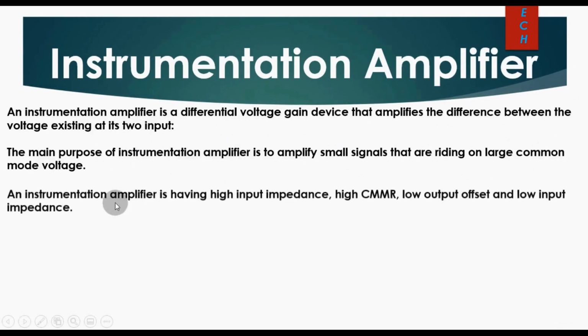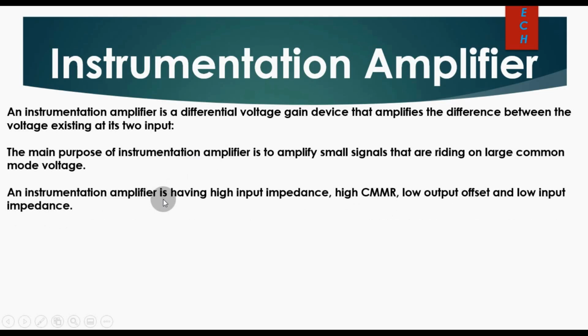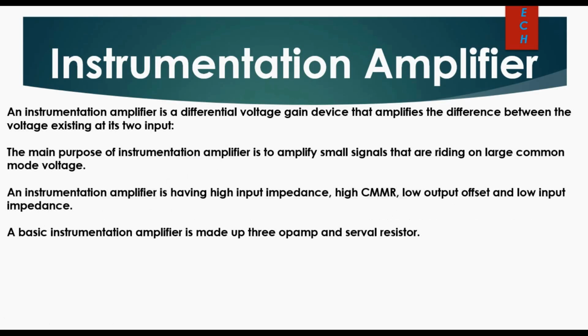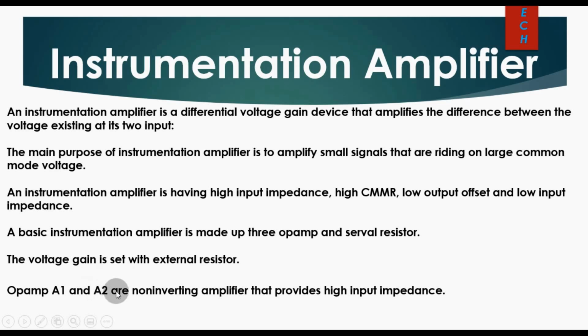An instrumentation amplifier has high input impedance, high CMRR, and low output offset. A basic instrumentation amplifier is made of three op-amps and several resistors. The voltage gain is set with the external resistors. In an instrumentation amplifier chip, there is a connection for RG, that is the gain resistance. Op-amps A1 and A2 are non-inverting amplifiers that provide a high input impedance, right? Op-amp A3 is a unity gain amplifier, right?